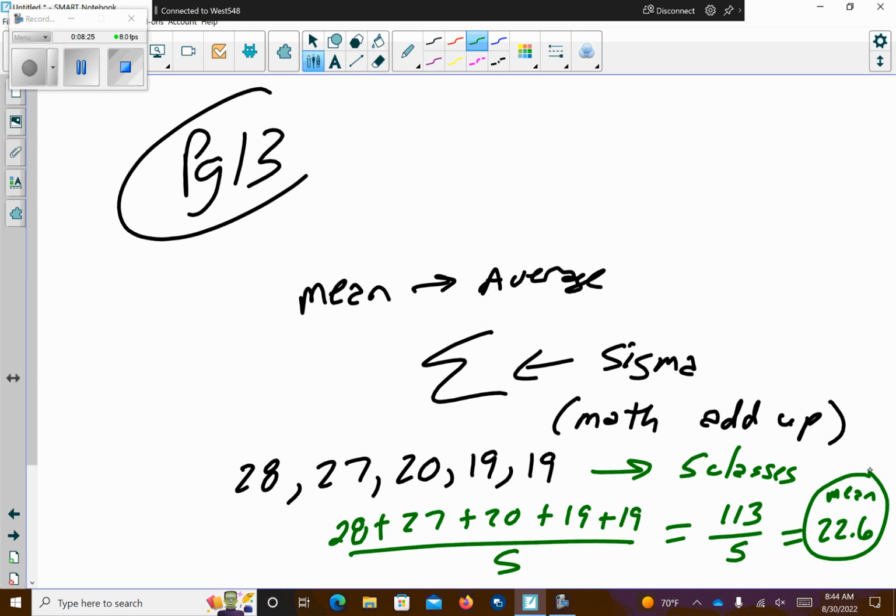A lot of times we will call the mean X bar. It's an X with a bar on top of it. That's why we say X bar. The mean is also referred to as the expected value.